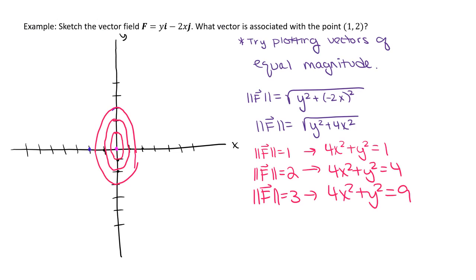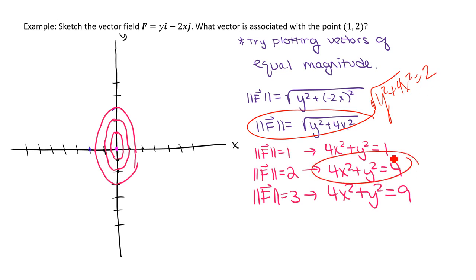And then I went ahead and did the same thing, setting this magnitude equal to 2. So the square root of y squared plus 4x squared equals 2. Squared both sides, and I got another ellipse, a little bit larger. That's the ellipse in the middle there.